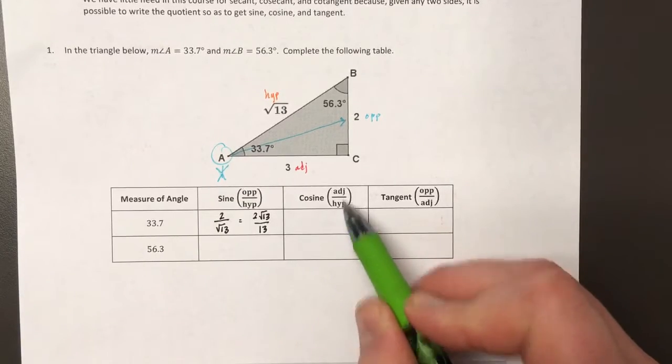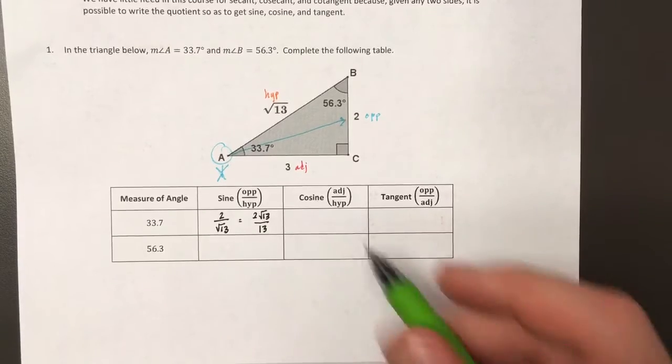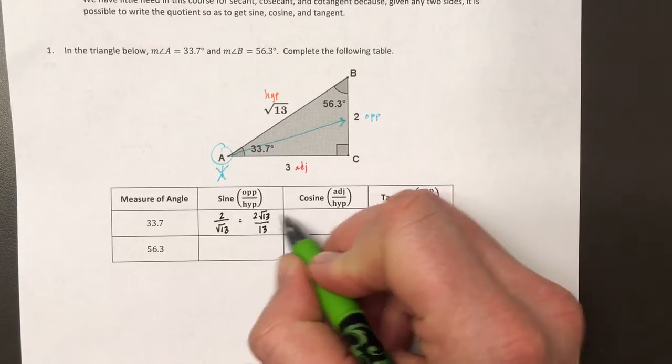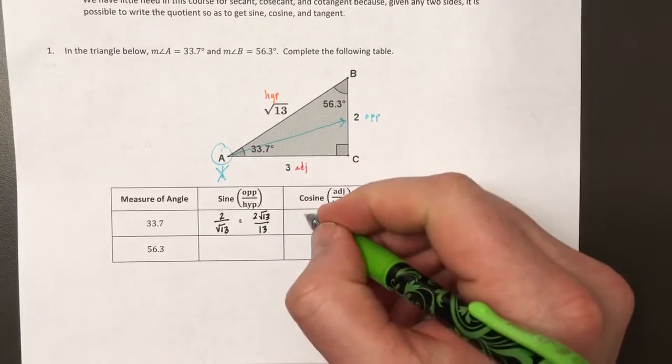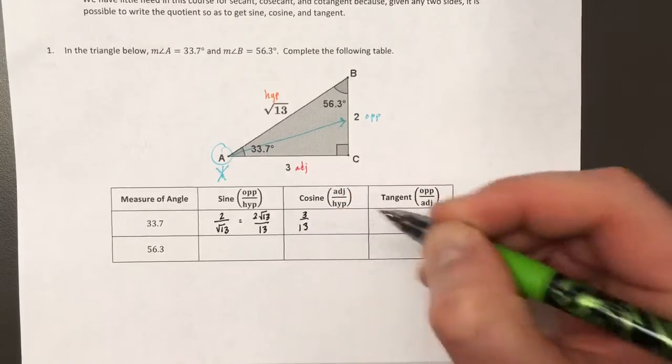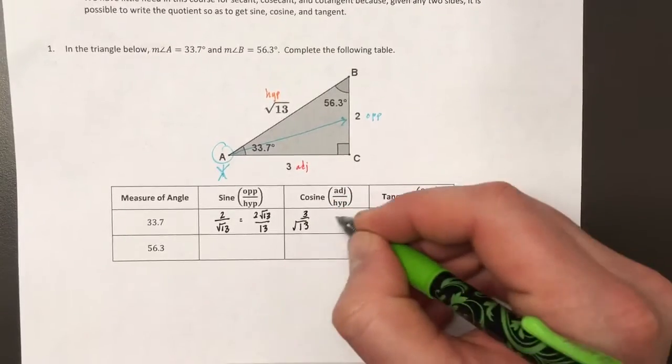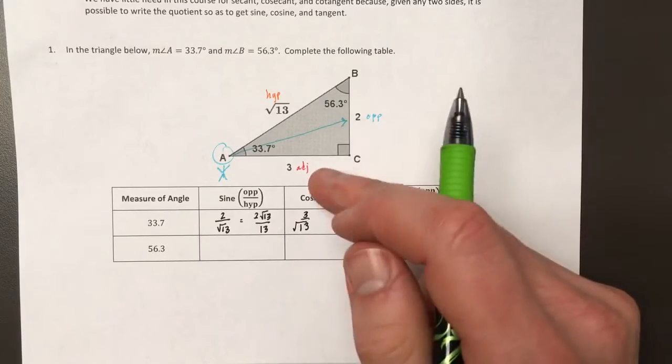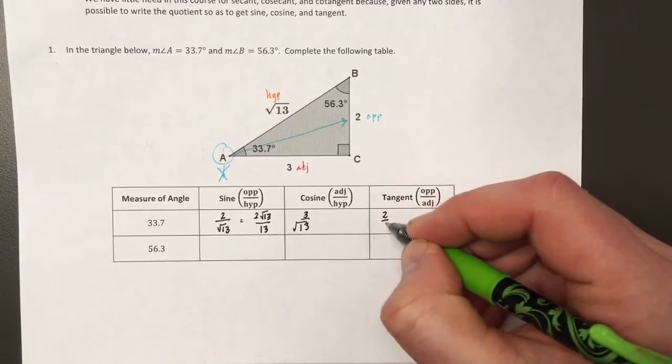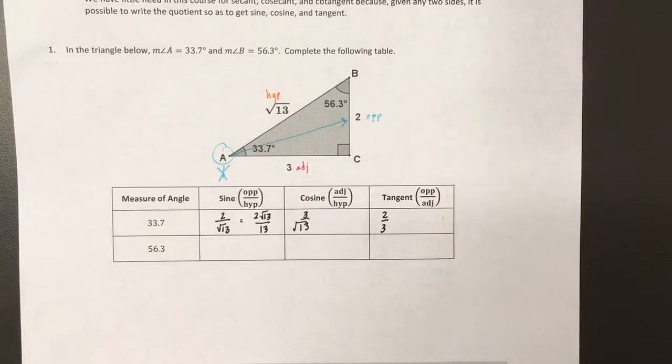Cosine, adjacent over hypotenuse. The adjacent is 3 over square root 13, and the tangent would be opposite, which is 2, over the adjacent, which is 3.